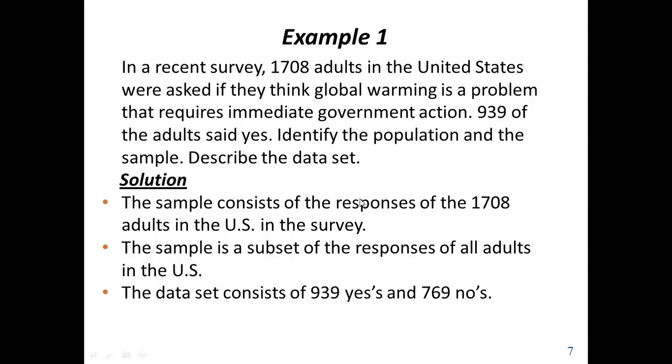So in this case, the population will be the adults in the United States. So just hide the number and this is going to be your population. And the sample is going to be the number that is given. In this case, 1,708 adults in the United States. So this is going to be the sample. Now, about the dataset, we have 939 yeses and the remaining 769 will be the no's.